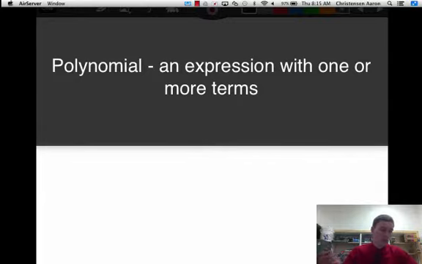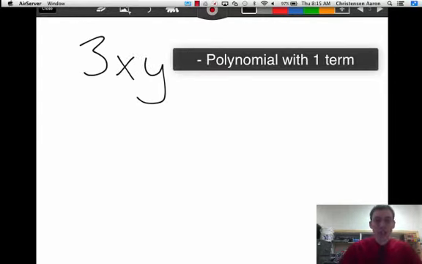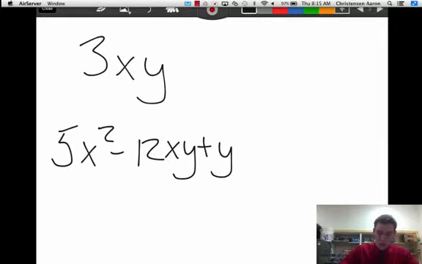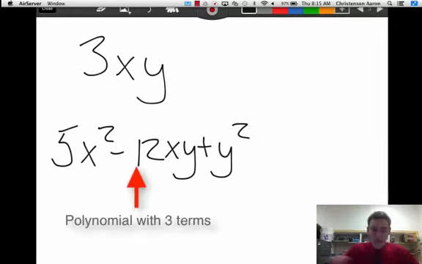So, for example, 3xy is a polynomial with one term. 5x squared minus 12xy plus y squared is a polynomial with 1, 2, 3 terms. Okay, so that's all it is.